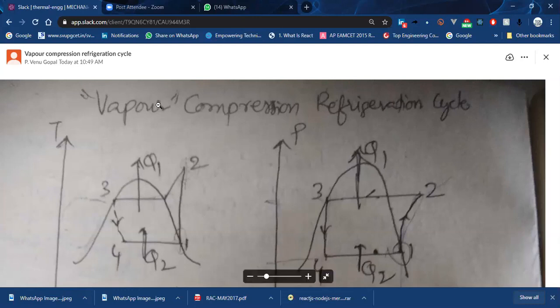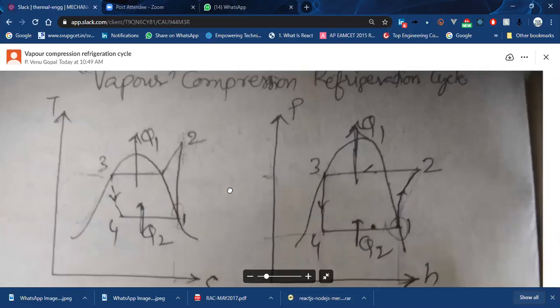That means vapor compression means the ammonia vapor will be compressed in this refrigeration cycle. Instead of air, vapor will be compressed. Okay. So throughout the system, we are using vapor, ammonia, or whatever refrigerant we are using, that will be circulating throughout the system.